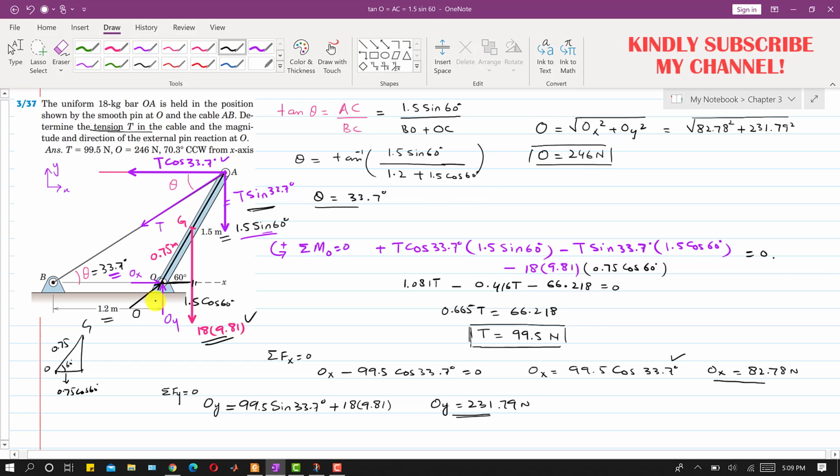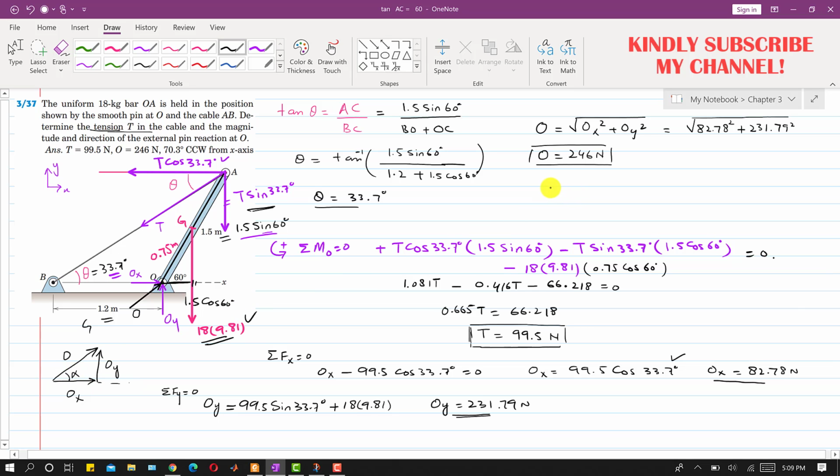And if we want to find the angle of this O with the positive x-axis, if I draw that reaction O, it is like this. This is the OX component, and this is the OY component. Let's say that this is the angle alpha of this reaction O with the positive x-axis, right?